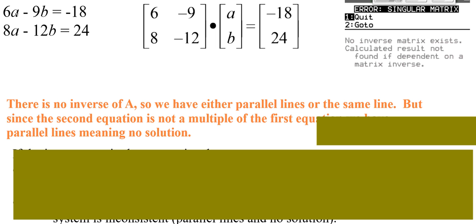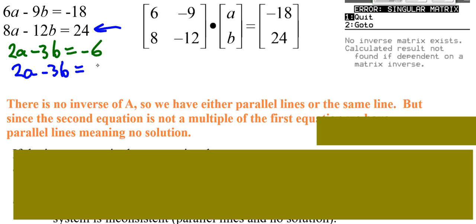If I take this first one and divide everything by 3, take the second one and divide everything by 4, the left sides are multiples of each other, but not the right side. So they're not the exact same line, which means they have to be parallel to each other.